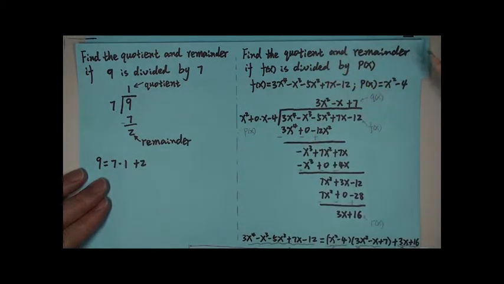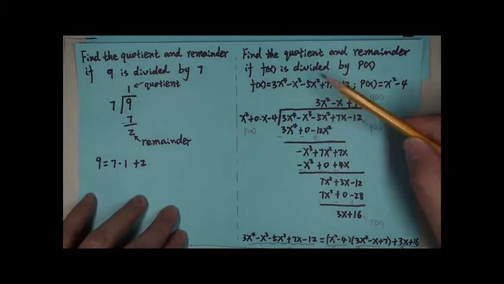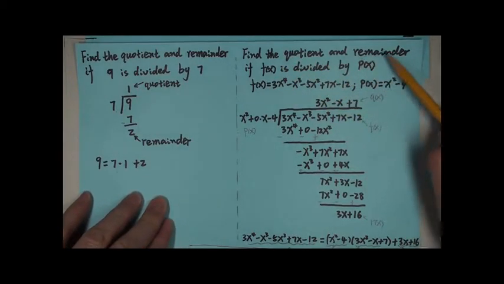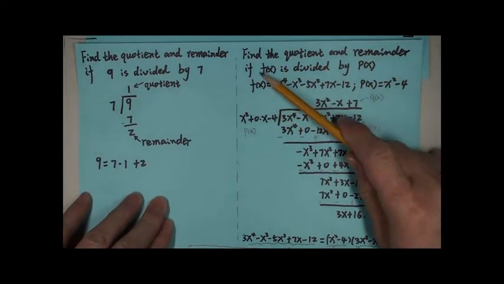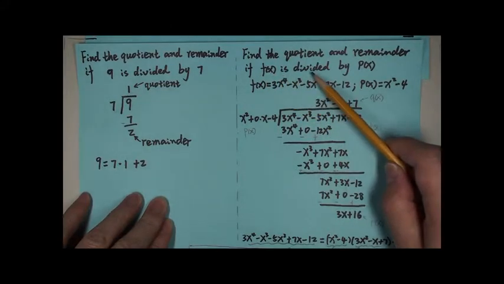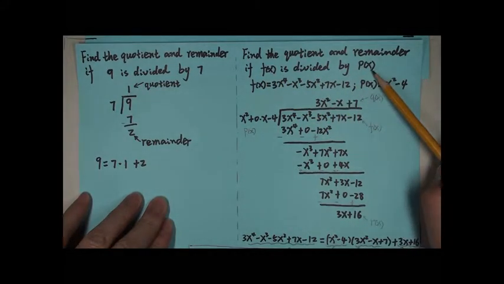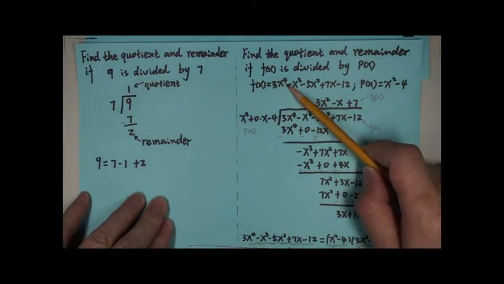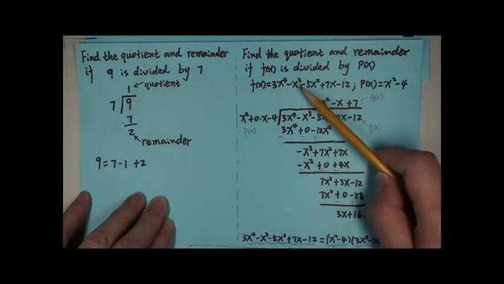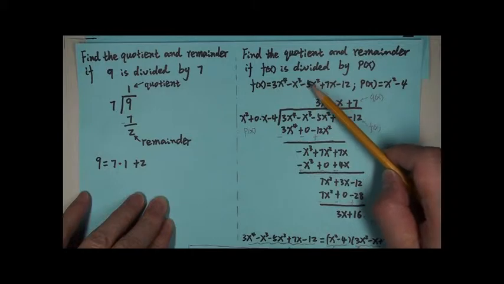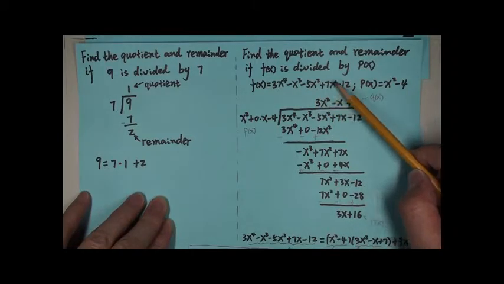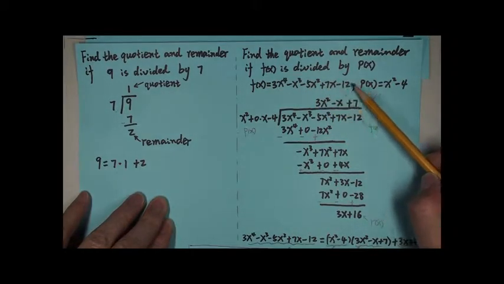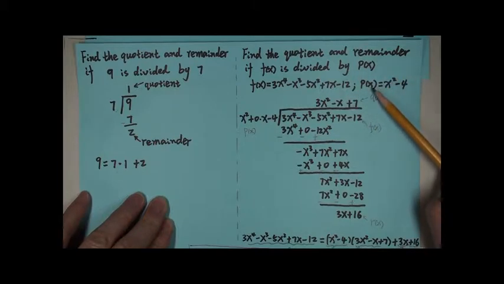Similarly, for polynomials, find the quotient and the remainder if f of x is divided by p of x. Here f of x equals 3x to the fourth minus x cubed minus 5x squared plus 7x minus 12. The highest exponent is 4. And p of x is x squared minus 4.